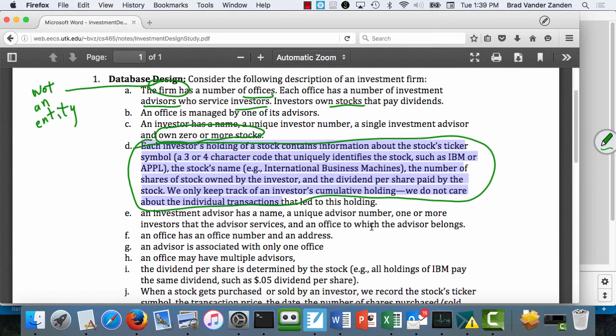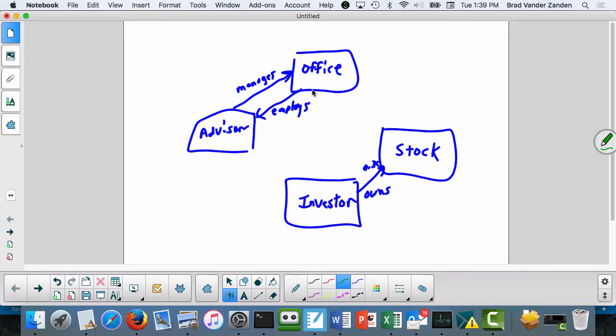Then E, this was a relationship, and we had the office to which the advisor belongs as a relationship. We already have that an office employs advisors, so that relationship is already in place. And we have an advisor advises some number. The color of the ink is not suggestive of anything.